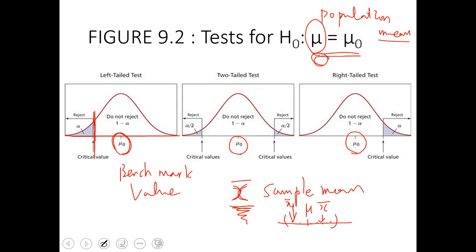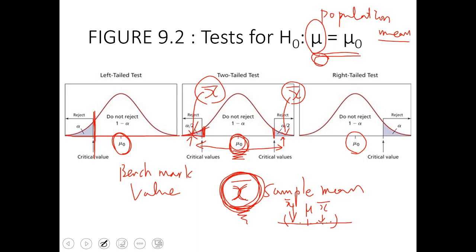But if this sample mean is located in this extreme area, after you gather the data and your sample mean is here or here, far from the benchmark value, so your sample mean is located in the alpha over 2 probability area left-tailed, or the alpha over 2 probability area right-tailed.